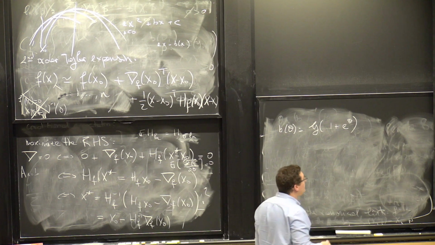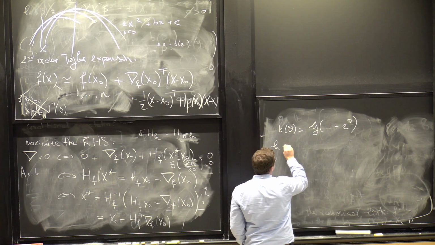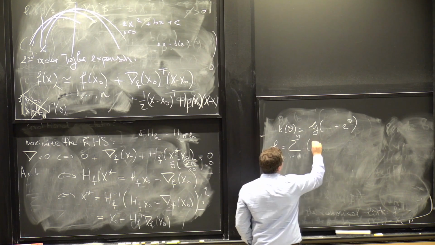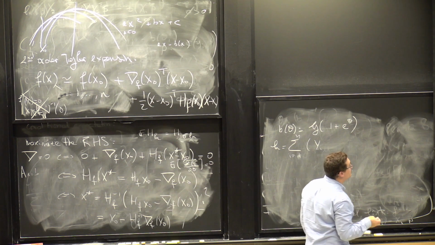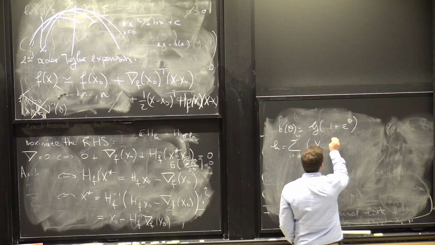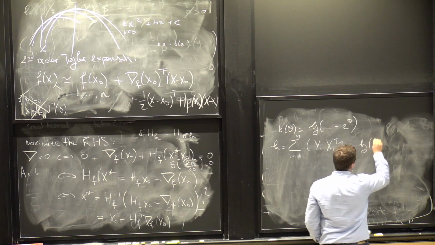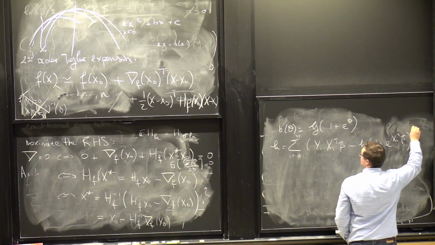OK? And so when I look at my log likelihood, it's going to look like the sum from i equal 1 to n of yi, OK, so here I'm going to actually use the canonical link, so it's going to be xi transpose beta minus log 1 plus exponential xi transpose beta.